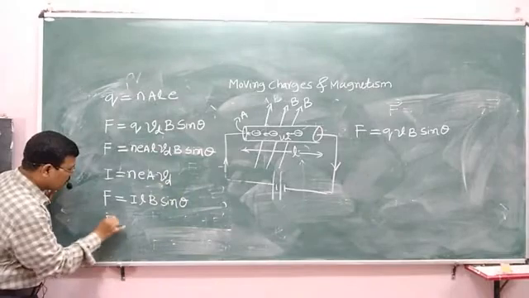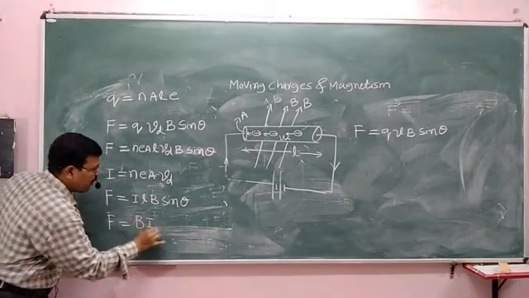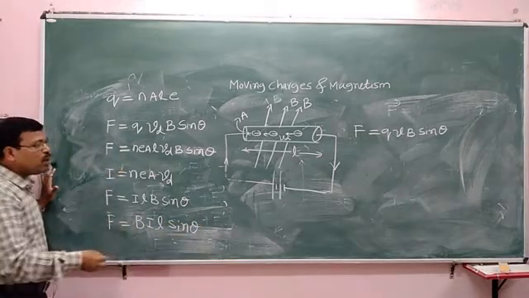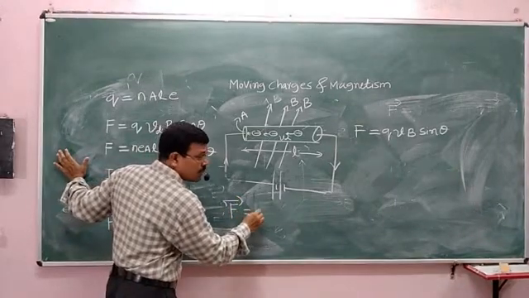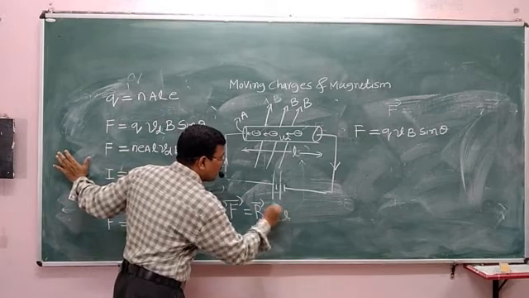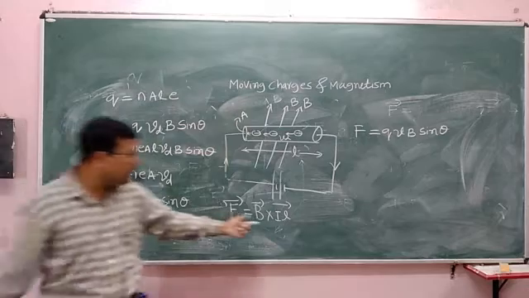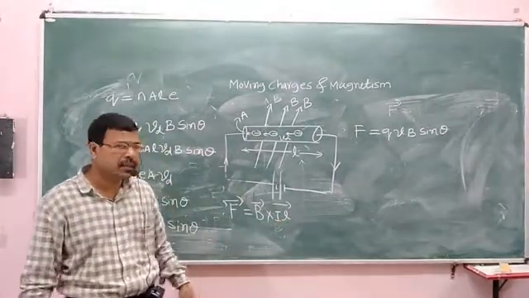Or in other words, we can write BIL sin theta. In vector form, how do we write? We write F is equal to B cross IL. Current is a scalar quantity, but current element is a vector quantity.